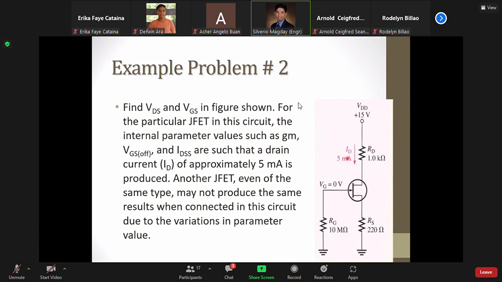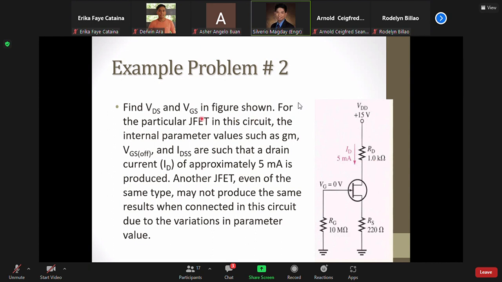Given naman na yung ID at 5 milliamperes. And direct substitution na lang. So your VS is IDRS, which is ID 5 milli times your 220, and then your VD, para masolve yung VDS and VGS, so your VD is VDD minus IDRD, 15 minus your ID times your RD.